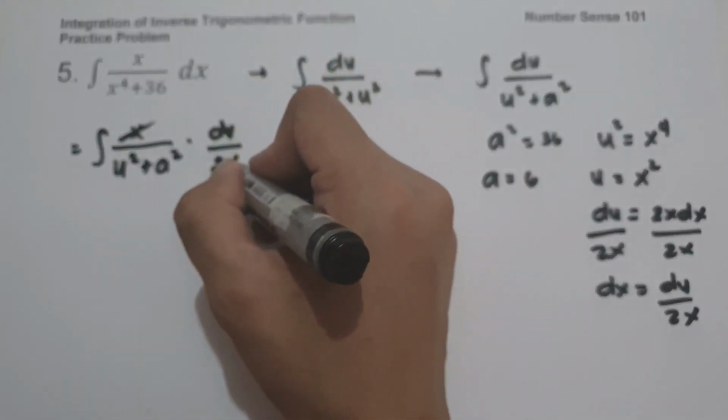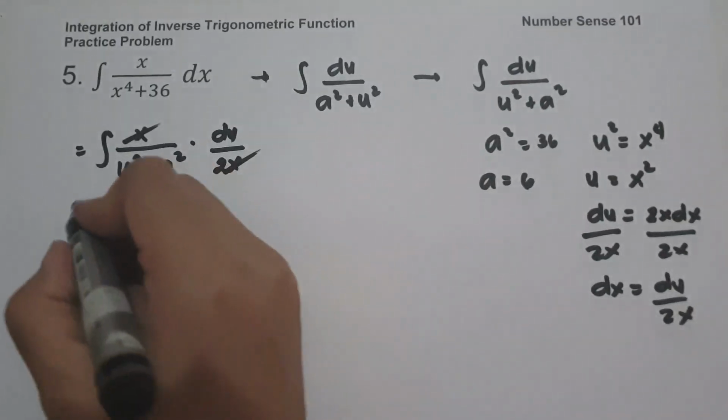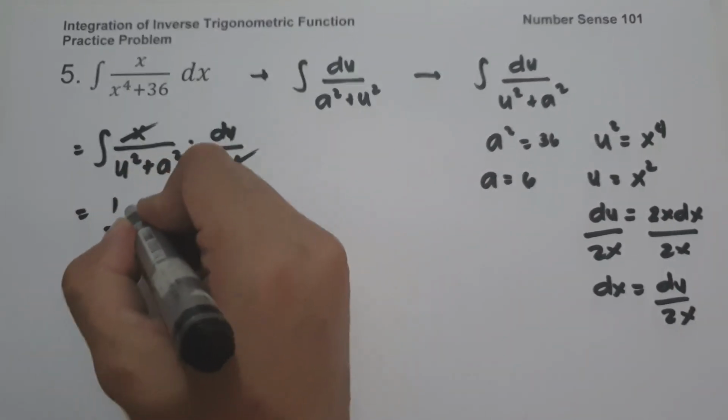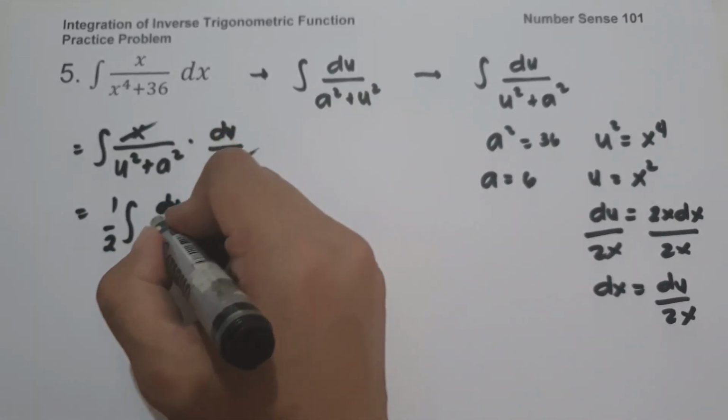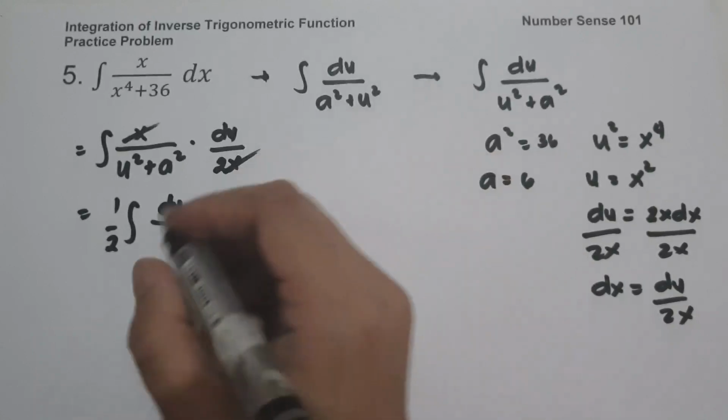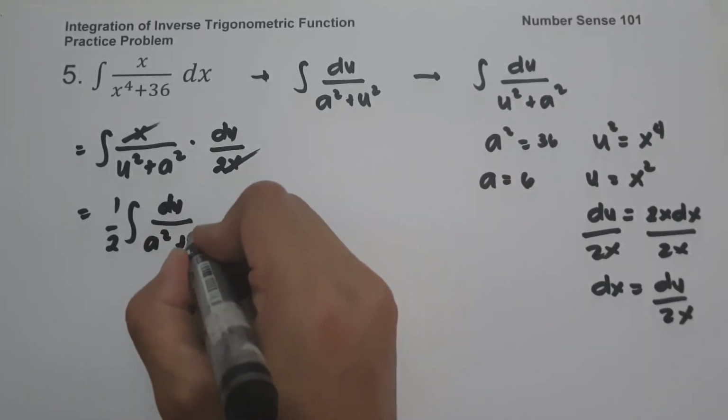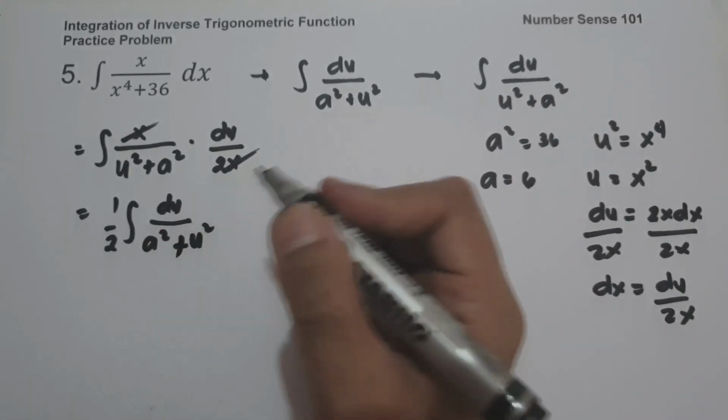So let us cancel x and let us move 2 in front. This will be 1/2 times the antiderivative of du. So this time, I'm going to write as a squared plus u squared. They are just the same.